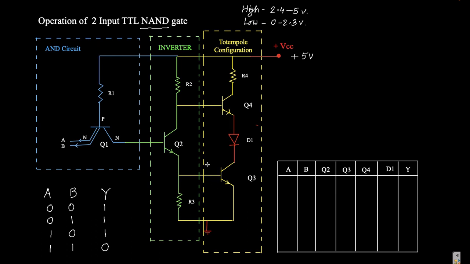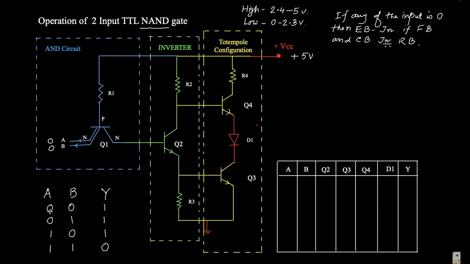And for an NPN transistor, you should know that if any of the inputs is 0, then the emitter-base junction is forward biased and the collector-base junction is reverse biased. That means if we give 0 and 0, that is the first input, what happens?